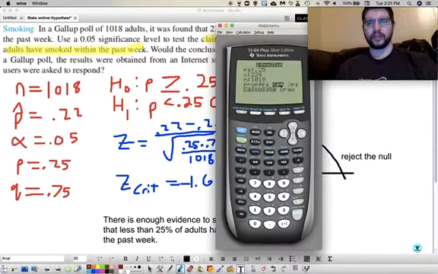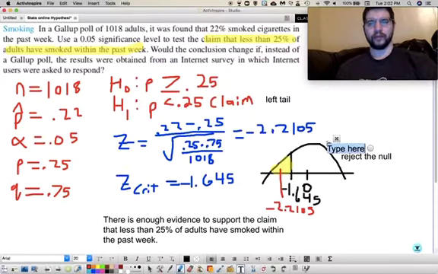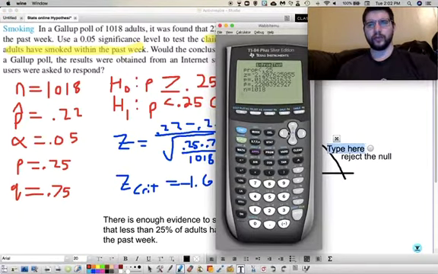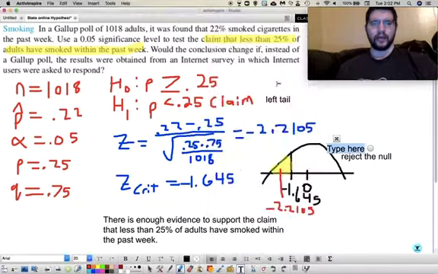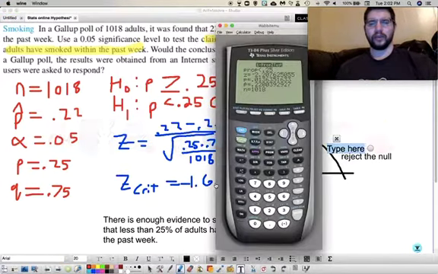And the only thing that this changes for these tests is our p-value, which we're going to talk about tomorrow, again, not today. But we get the test statistic, negative 2.21. If we round it to 2 decimal places, it's the same. So we get our test statistics in the calculator, look up the critical values on the chart, or use an inverse norm.